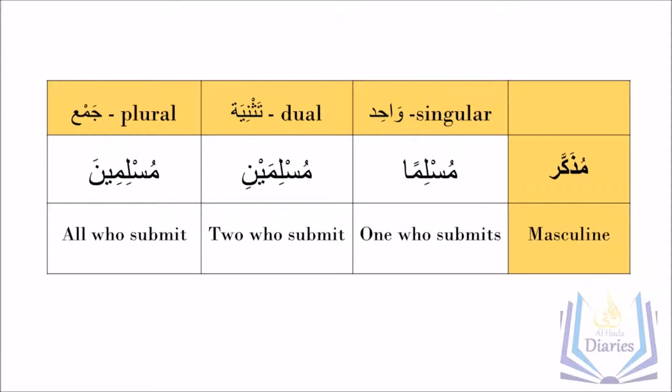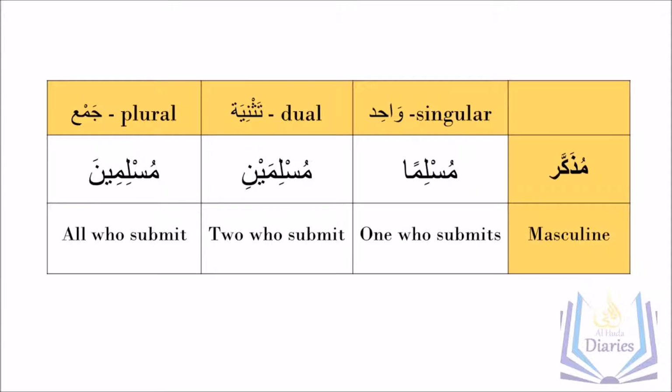So musliman. And when it comes to tasniya, it gets the ending of ya noon. Previous letter gets a fatha and you add the ending of ya noon. So it will become musliman, muslimaini. So we see the last letter of the word is getting a fatha and then you add the ya noon. So muslimaini.